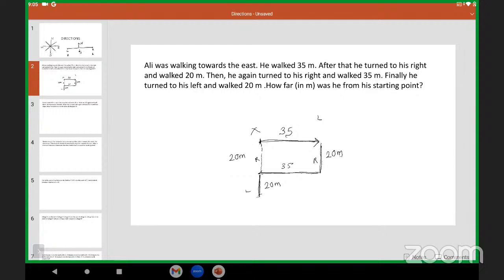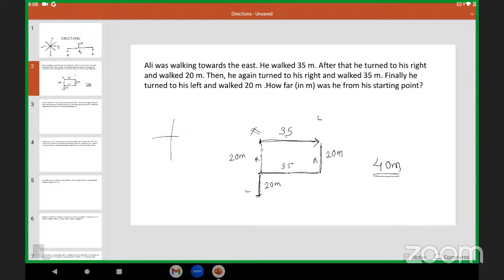So now this total 20 meters and the final 20 meters measures around 40 meters. So the distance between his initial point and the final point is 40 meters. And if it is asked which direction he is from his initial point, it will be south.